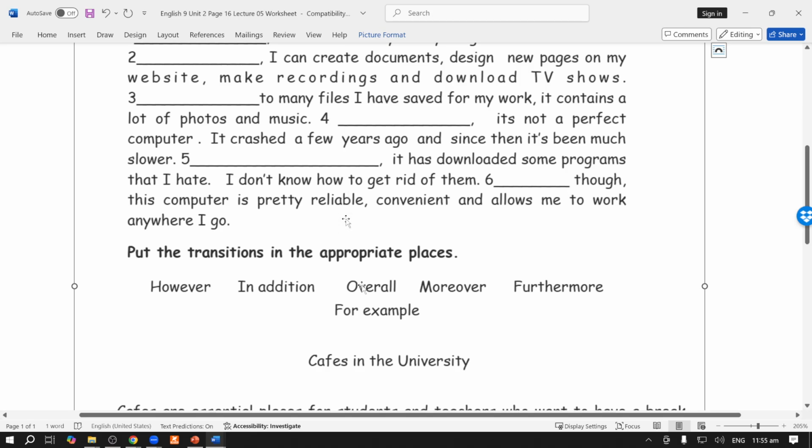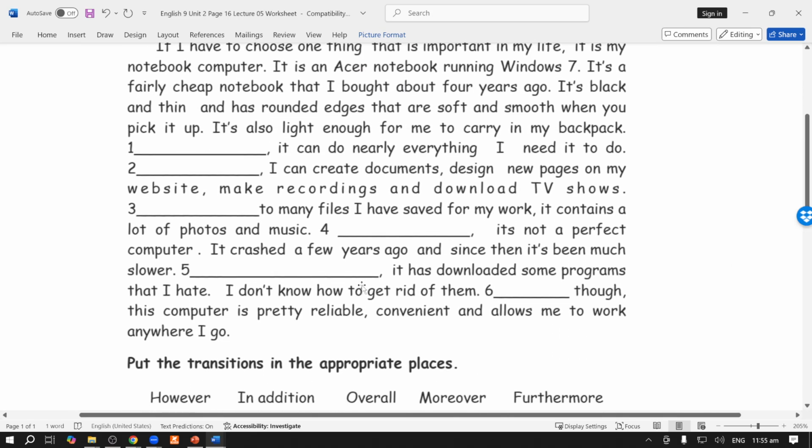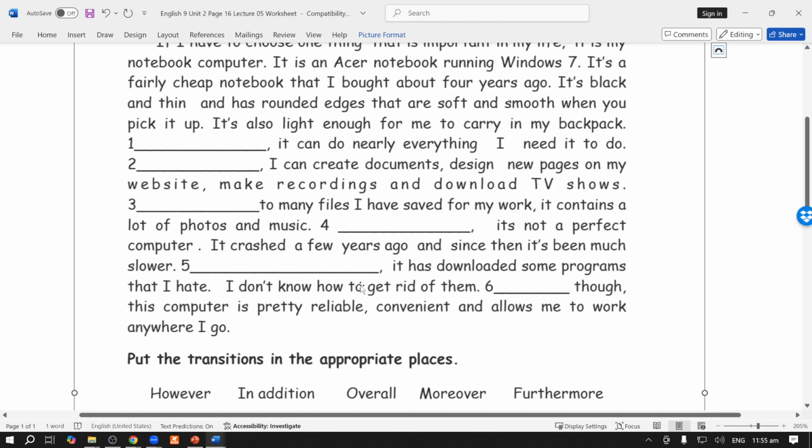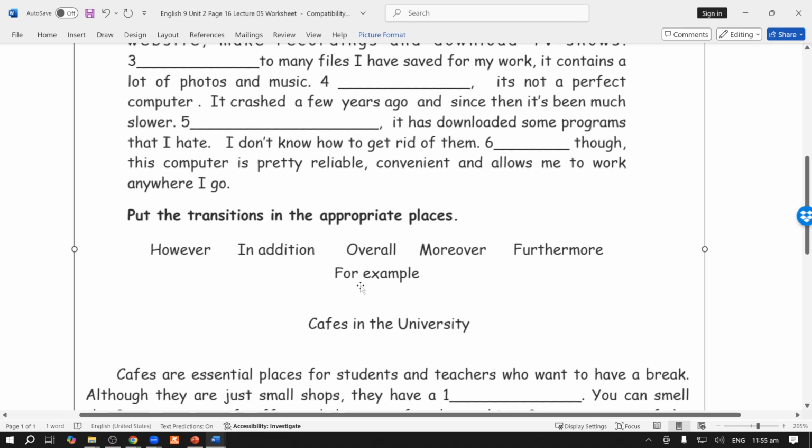So let's read it. The line was that it's also light enough for me to carry in my backpack, dash, it can do nearly everything I need it to do. So which transition word will go there?